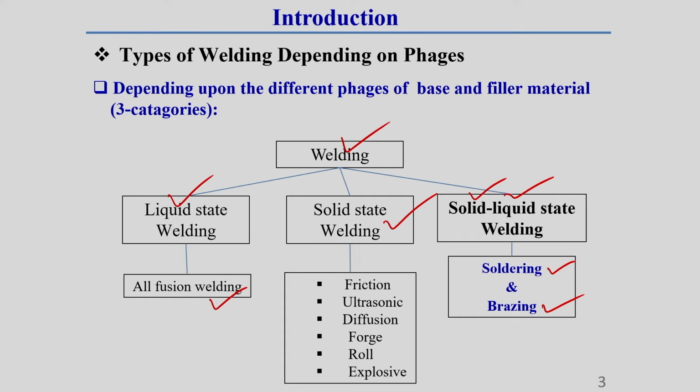I will cover that technique in detail. I will also cover different types of solid liquid state welding techniques. Today I will start our course by delivering a lecture on a very important fusion welding process, that is called plasma arc welding process. In short, it is called PAW.